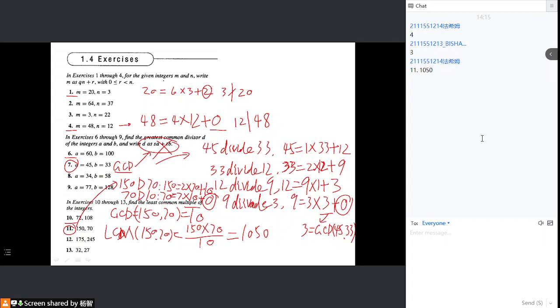Okay, I'm very glad that some students have done the exercise and given the right answer. But next time, I hope you give every step to deal with the exercise, take a picture and upload this picture to the WeChat group.